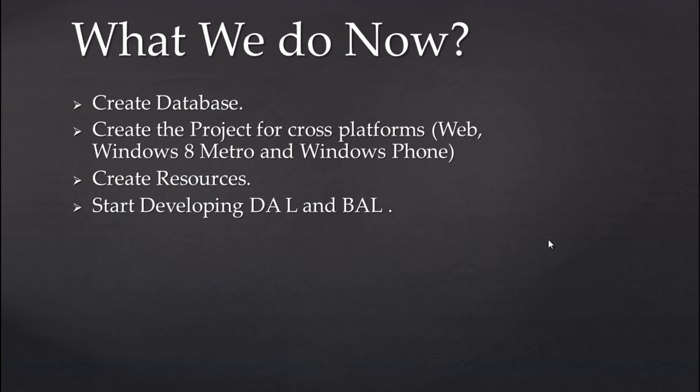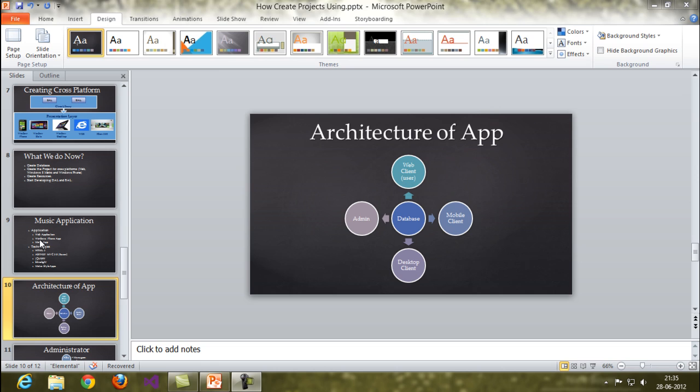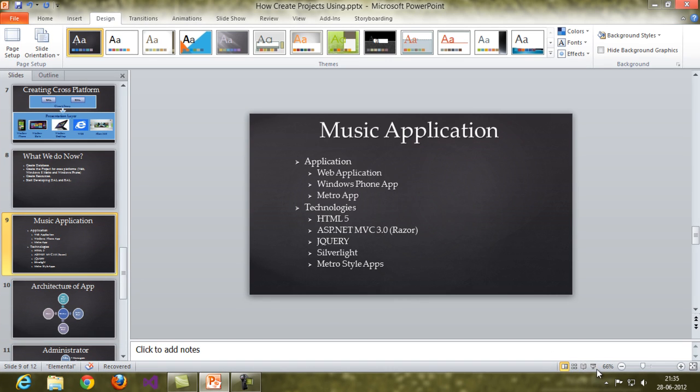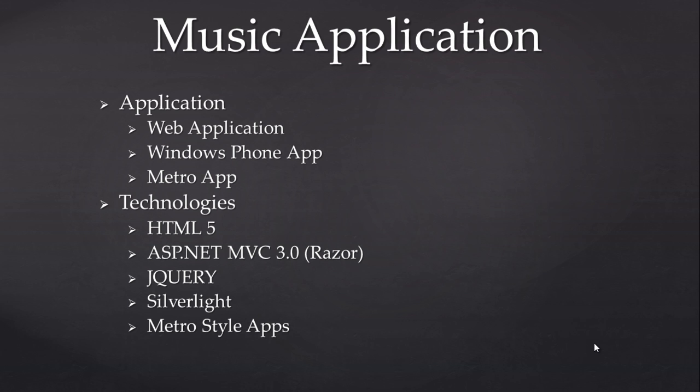Okay. And the next thing is I'm going to start developing the DL and BL. So we're going to see how to develop the DL and BL. And next thing is I'm going to create the application. It's called a music application. We're going to create that application on different platforms.